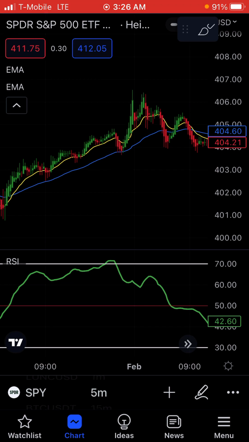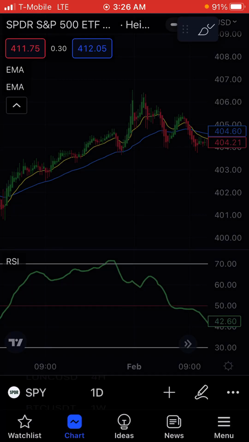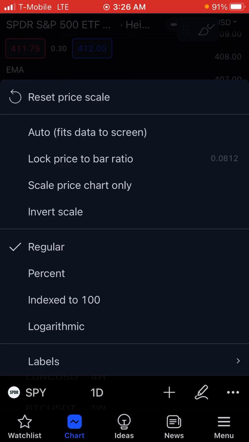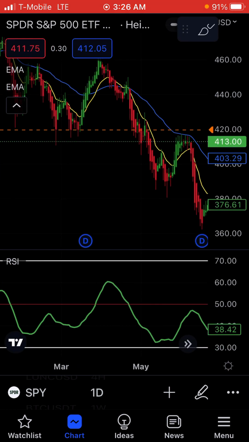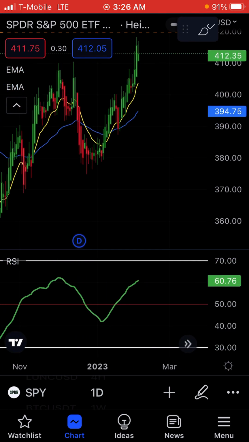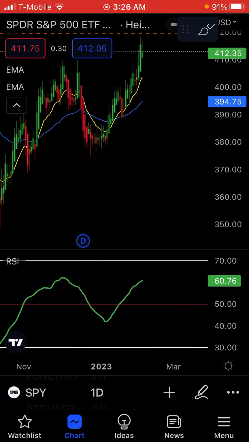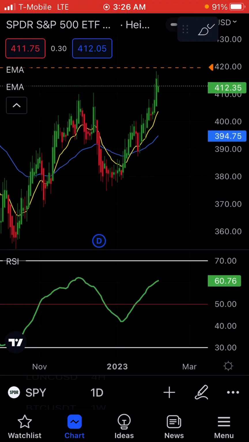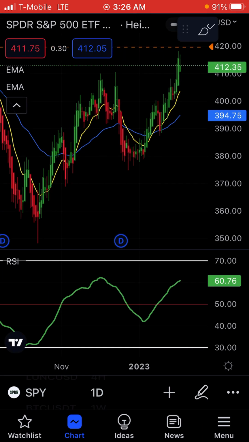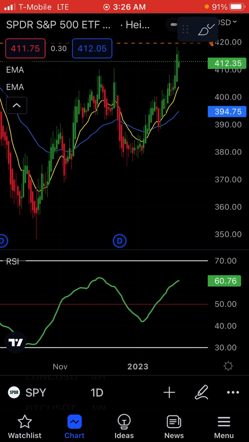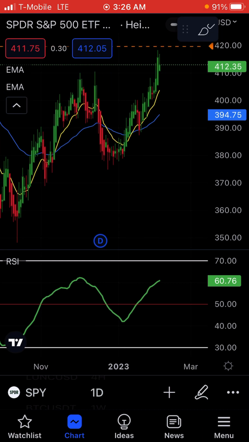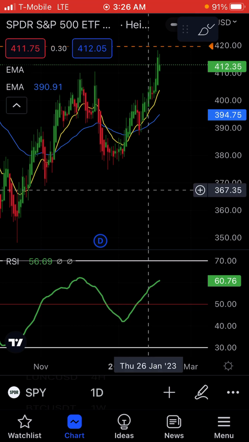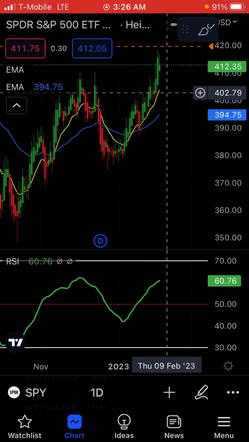One formula when I talked about doing it on the day is whenever you're doing it on like the 5 minute, this is just a little side note here. If you're doing it on the 5 minute or the 15 minute, make sure you check what the overall trend is doing. Like what we could see recently, the trend has been going up.